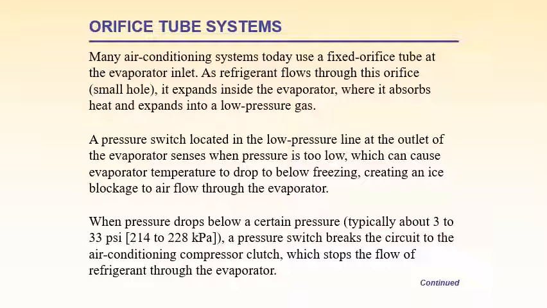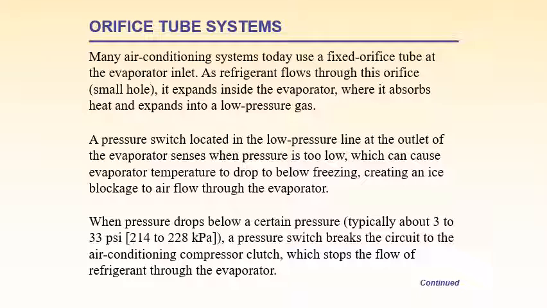Whenever the pressure at the outlet of the evaporator drops, what is going to happen? The refrigerant will start freezing, and this will choke our lines. Therefore a pressure switch is there. The pressure switch senses the pressure and operates.